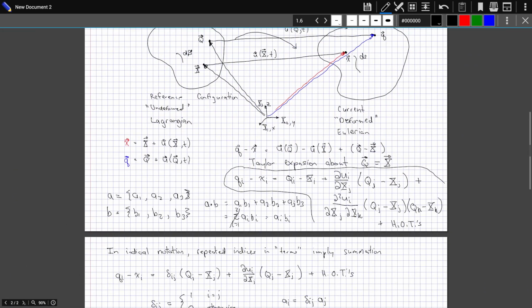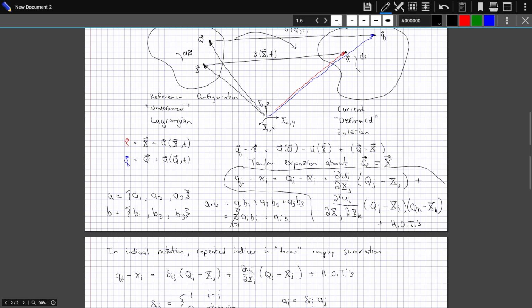was written in terms of my arbitrary points Q and X in the reference configuration, and little q and little x in the current configuration. And I didn't say how far Q and X were apart from each other, right? I just drew two dots, okay?